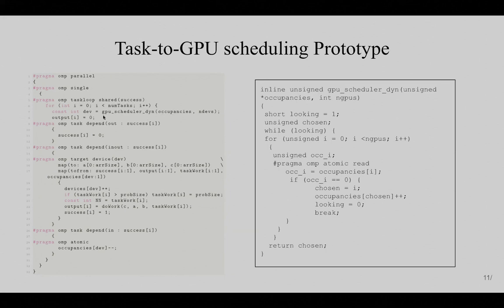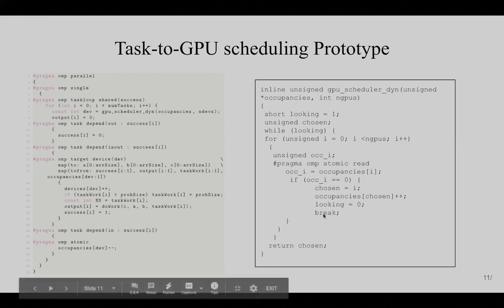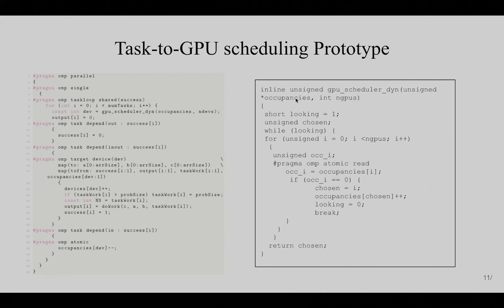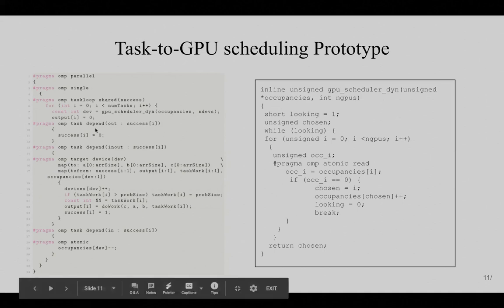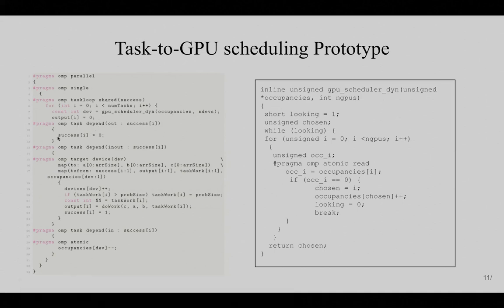And so there's a function for that, and that function calls this larger scheduler function, and that function contains the shared array of GPUs that are ready. Specifically, it's this occupancies array. Then once it's found the GPU to run on, it sets the success flag, and then immediately goes to offload the computation that's given to device dev, and it does so by using the device clause in OpenMP.